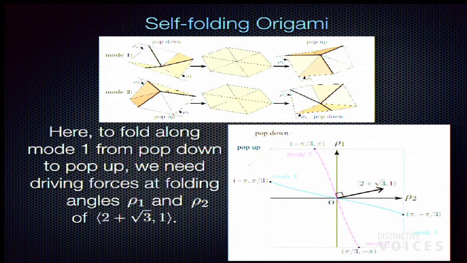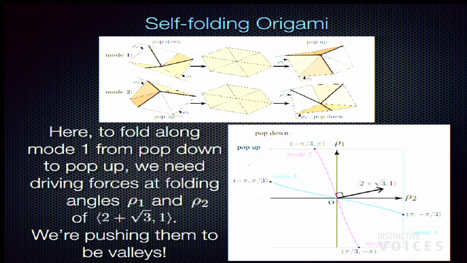But notice what that means. These are both positive numbers. This is both pushing the creases to all be valleys. That is really counterintuitive. If I was going to try to program this just like naively, I would have said, oh, I want this mountain crease to turn to a valley. Okay, I'm going to push it with a positive force. I want this valley to be a mountain.